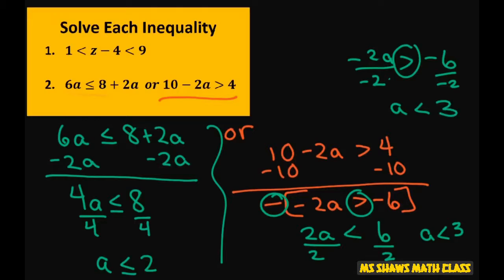So let's graph this. It has to be an OR. So a, here's 2. Put 0 here. Here's 2. A is less than or equal to 2. Or a is less than 3.